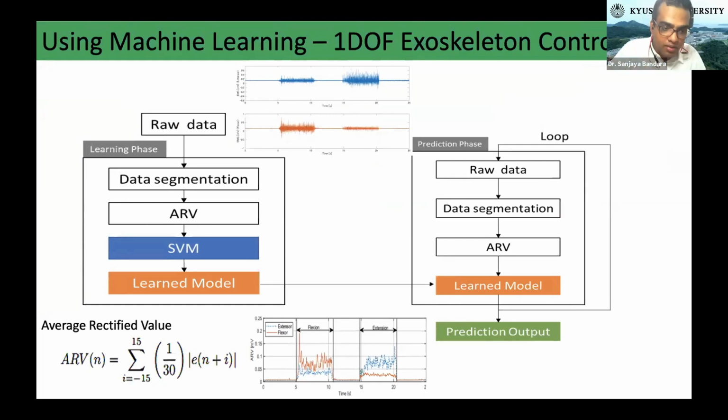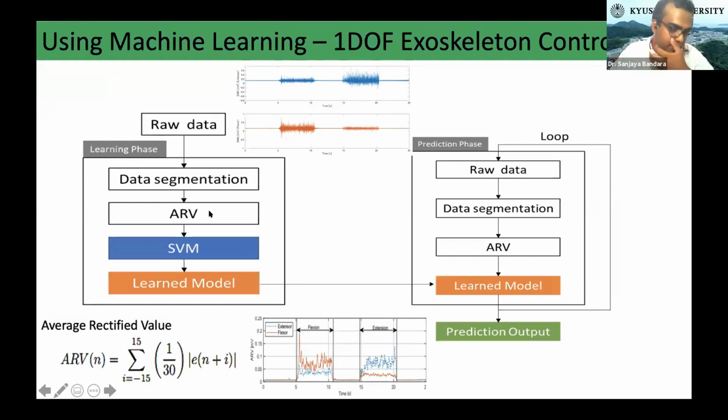But when it comes to patients, it is very important to understand their motion intention, because they have almost no muscle activity, depending, of course, on their brain state. But what we do here is we record the raw EMG data.